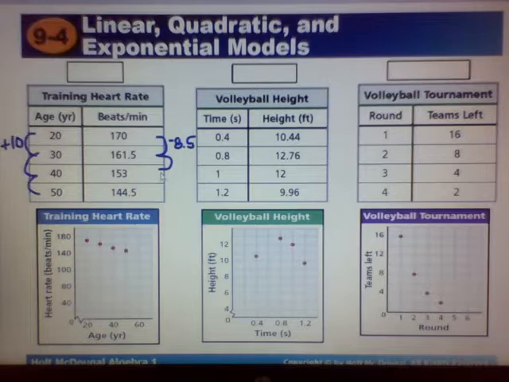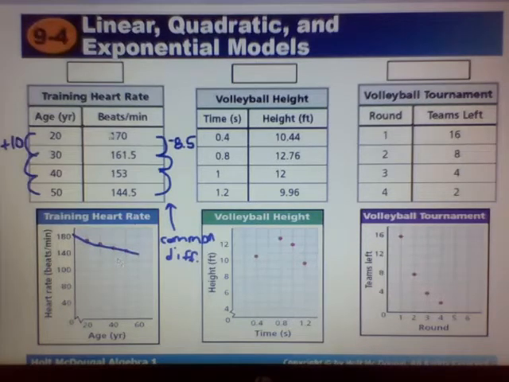We get 153, and then minus 8.5, we get 144.5. So since we have this one common difference, and not to mention, if you look at the graph of each of these points, it makes that linear pattern.